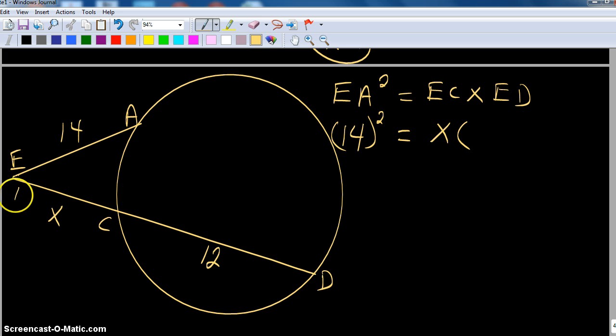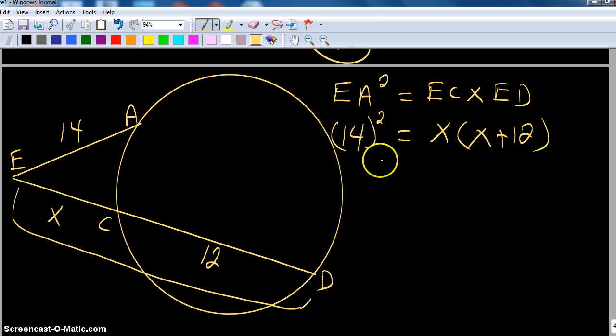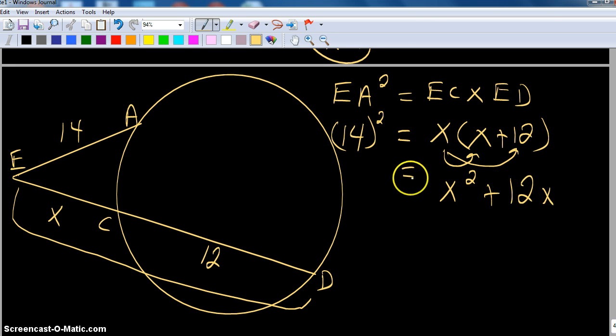And from E all the way to D is X plus 12. X times X is X squared, and X times 12 is a positive 12X. And then 14 squared is 196.